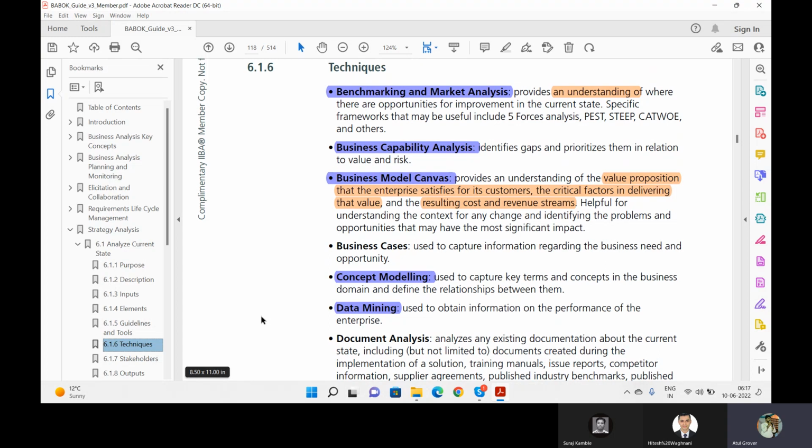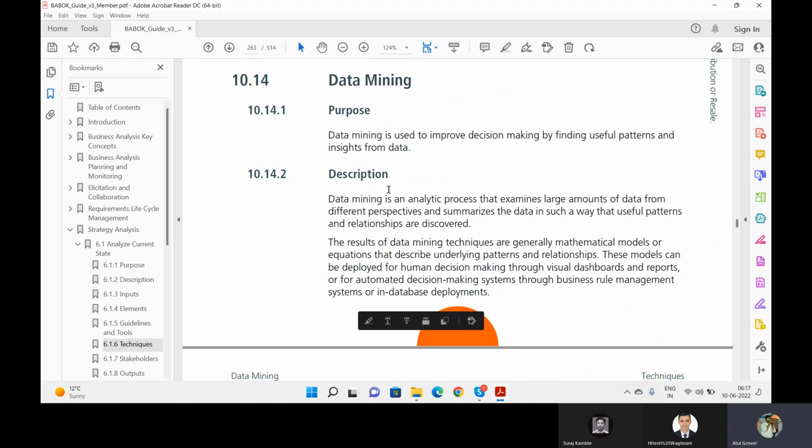So data mining means that it is used to see the performance. It is used to take a decision on the basis of the data available. How does it work? Data mining is used to improve decision making by finding useful patterns and insights from the data.